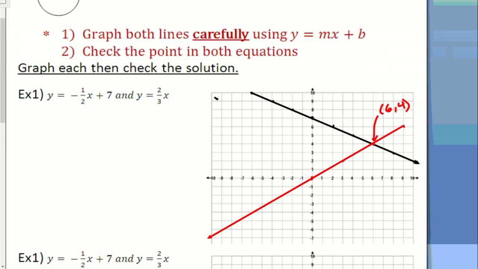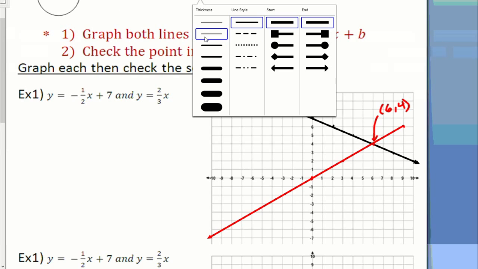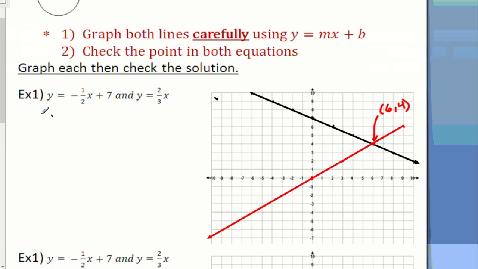The second thing you need to do is you need to check it. Just like before, we've been checking everything, and that's what we need to do here. So what we're going to do is we're going to check the answer, 6, 4. And then all you're going to do is put 6, 4 into both equations, making sure they're both true. So y is 4, so we're going to have 4 equals negative 1 half of 6 plus 7.